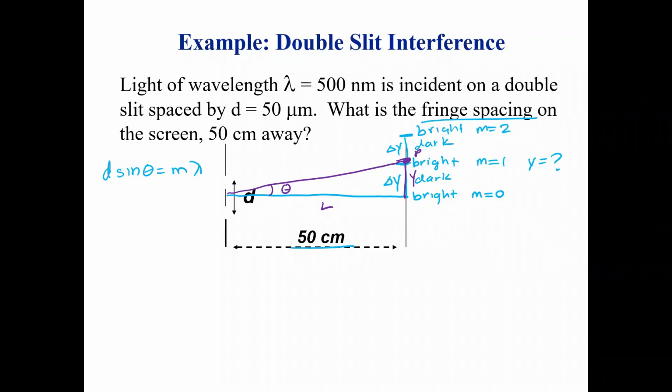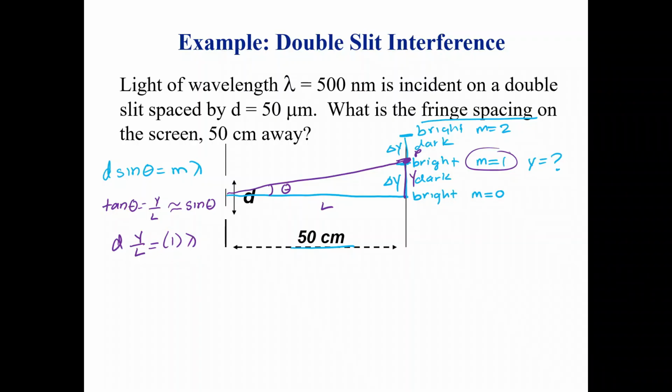So we said that for that angle theta, that triangle is tan theta would equal Y over L. But we said that was approximately the same thing as sine theta. So that means we can replace the sine theta with Y over L. We're just using 1 because we're looking for the first fringe.